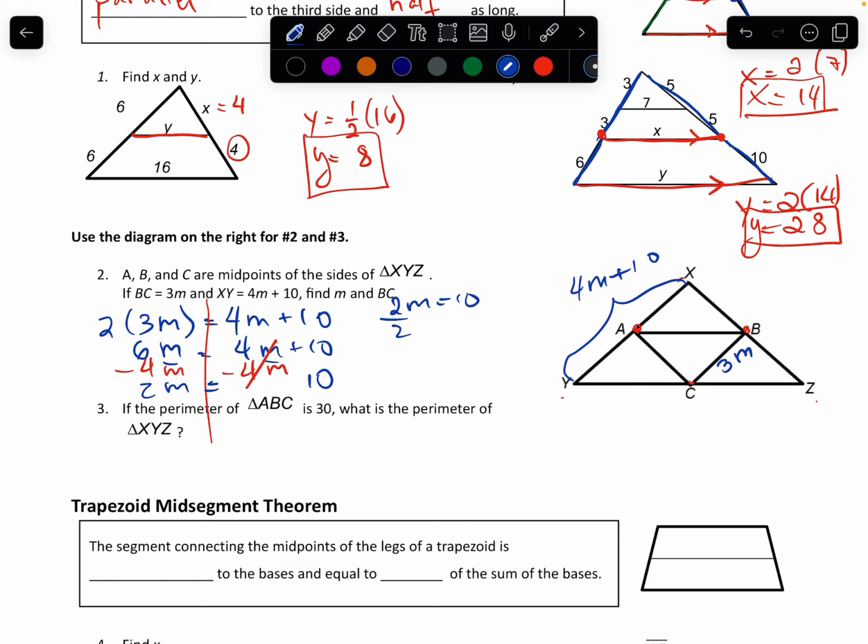So 2m equals 10, I'll divide by 2, m is equal to 5. So that's my m, and I still need BC, and BC is just 3 times m. So BC is equal to 3 times 5. So BC is equal to 15, right?